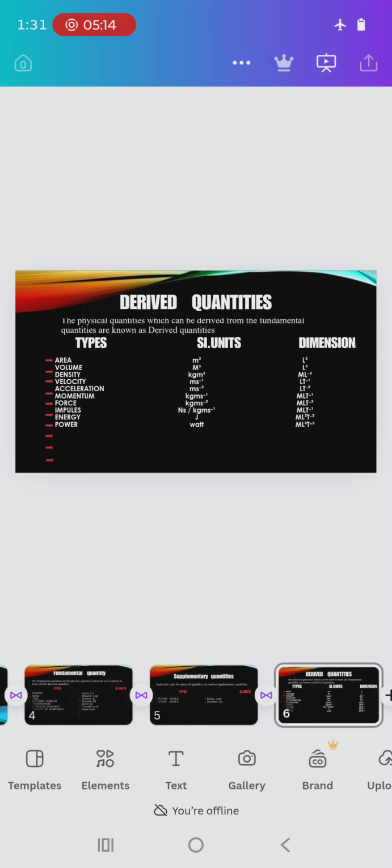Some of the derived quantities are given below. The first one is area; the types are area, volume, density, velocity, acceleration. These are the types, then SI units. Finally, I will explain the dimension. What is dimension?